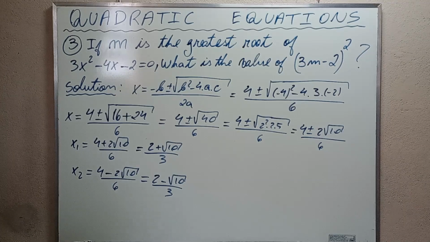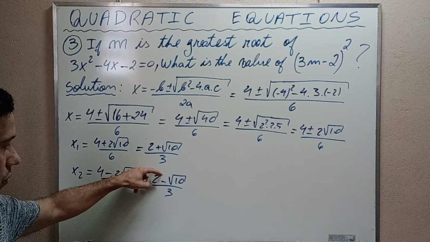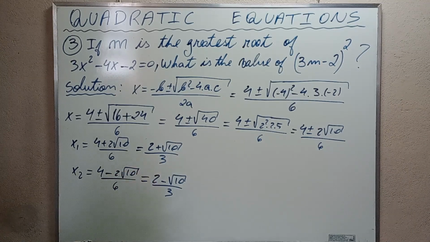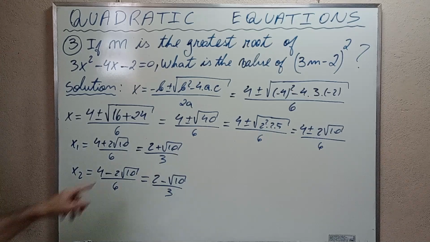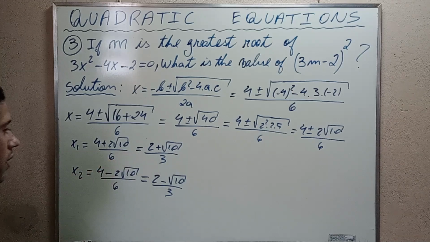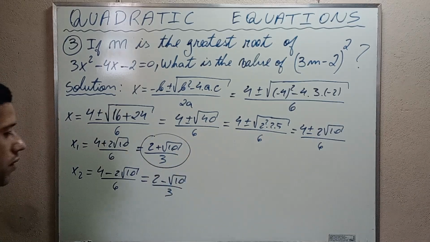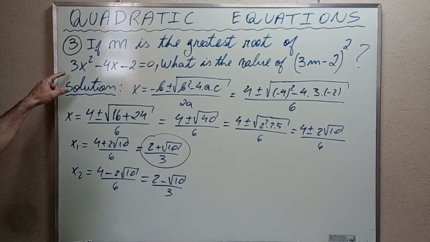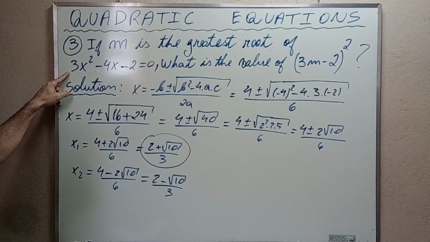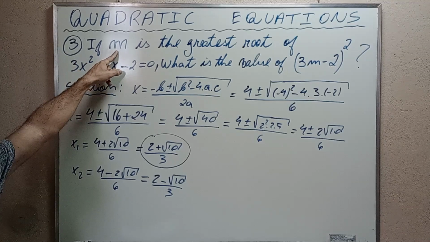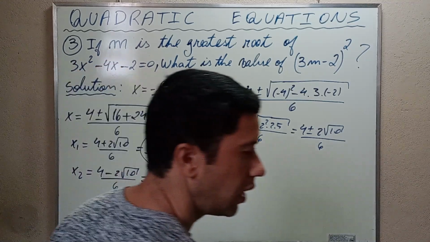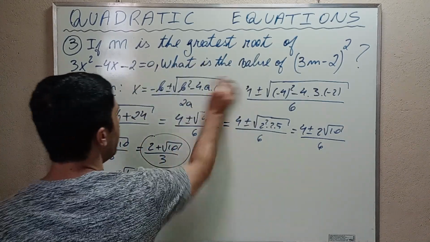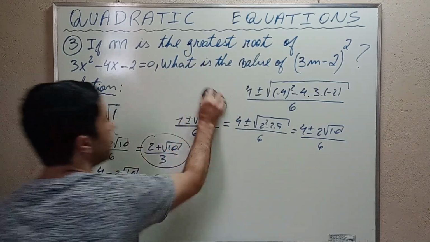Due to the negative sign here, we conclude that this x1 is the greatest root of this equation, okay? We are going to use this for m, alright? Let me clear the board here for more calculation.